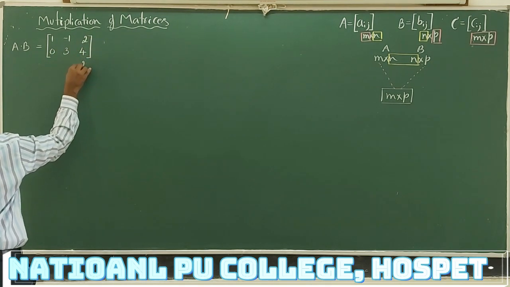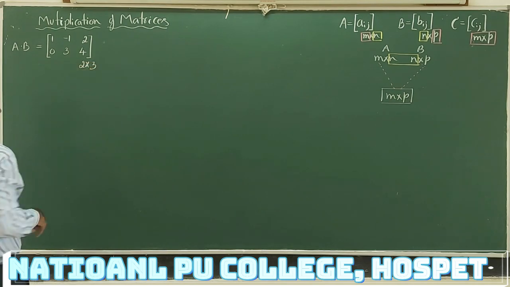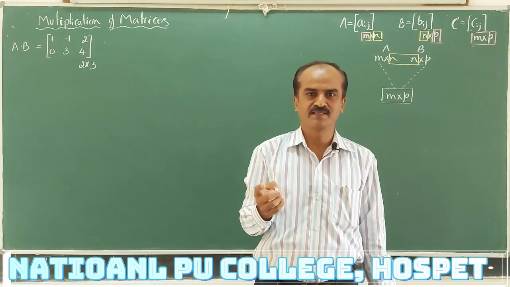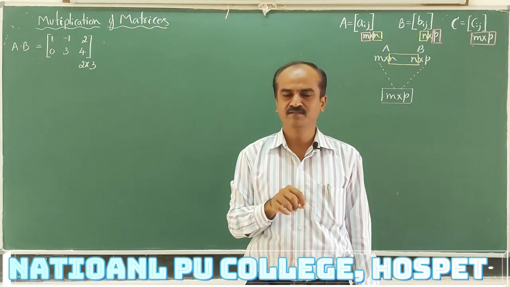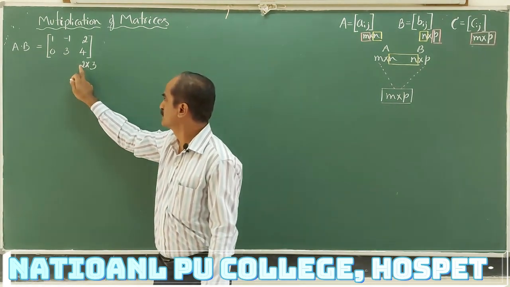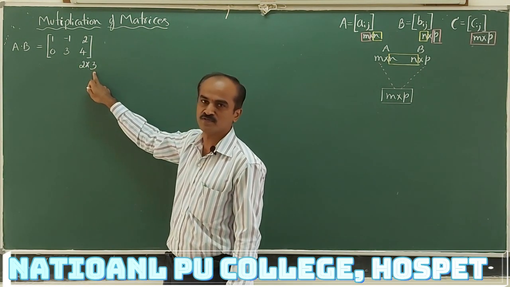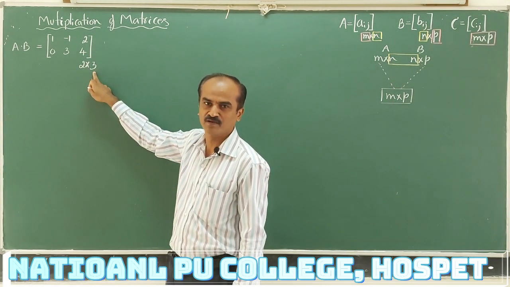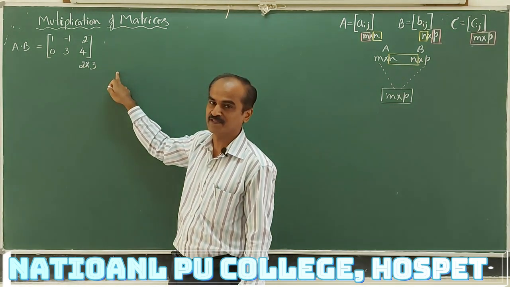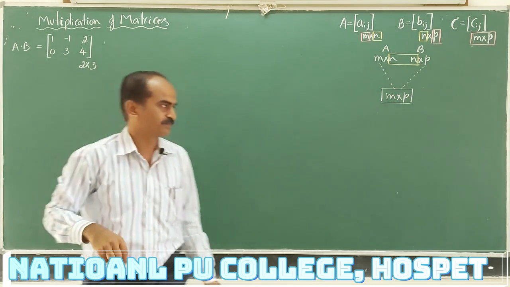What is the order of this matrix? 2 by 3. Now in order to multiply this matrix with another matrix B, the number of rows of matrix B must be equal to the number of columns of matrix A. How many columns are there in matrix A? 3. I have to write the B matrix in such a way that it contains 3 rows.